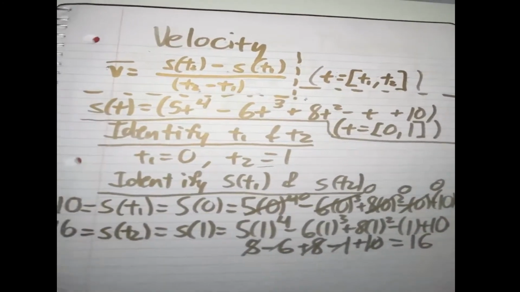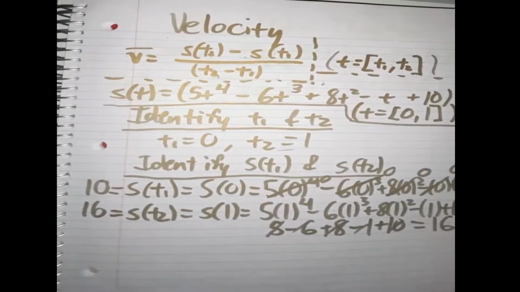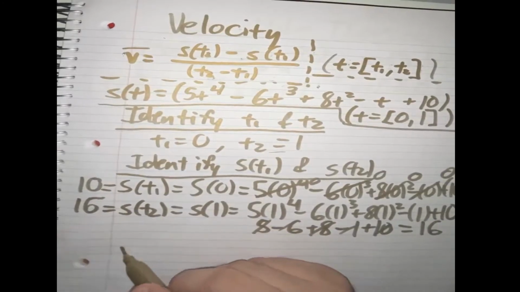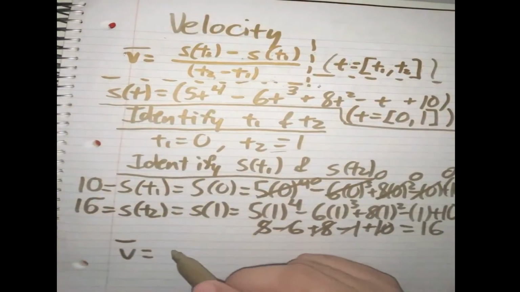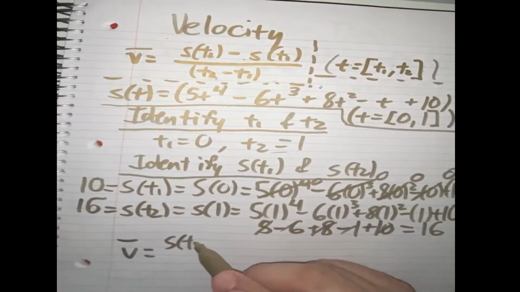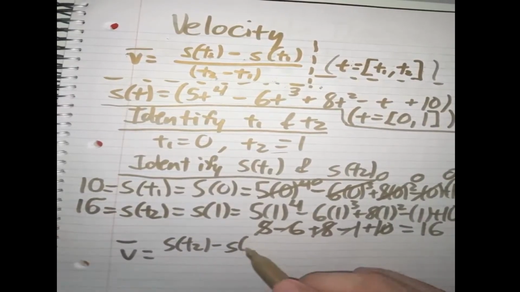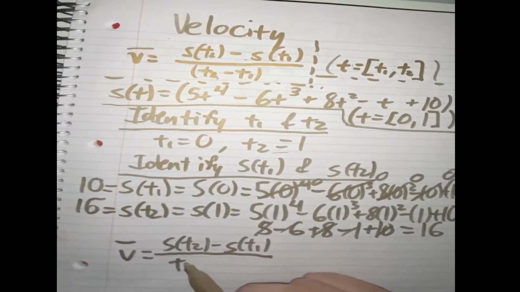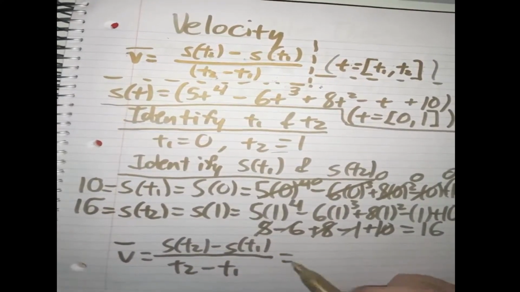So now the final step to find the average velocity would literally just be to plug it into the formula. So average velocity is equal to S of T2 minus S of T1 over T2 minus T1.